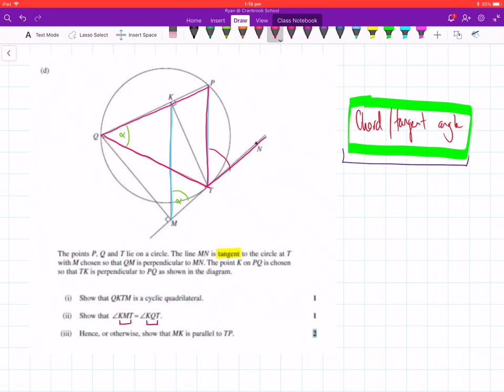So it means that this angle here must be alpha. Once I've done that, the second part of this question is very simple. This angle and this angle are now the same. They are, of course, corresponding angles. Therefore, MK is parallel to TP because corresponding angles are equal.